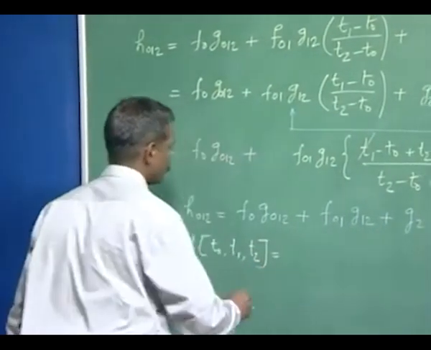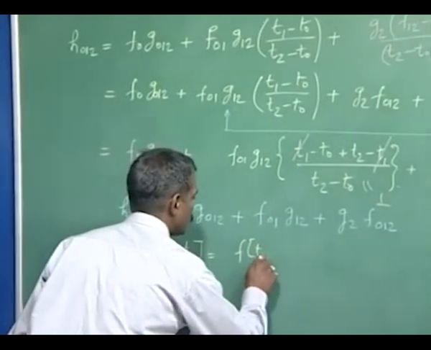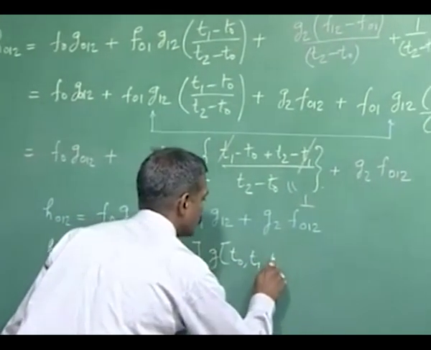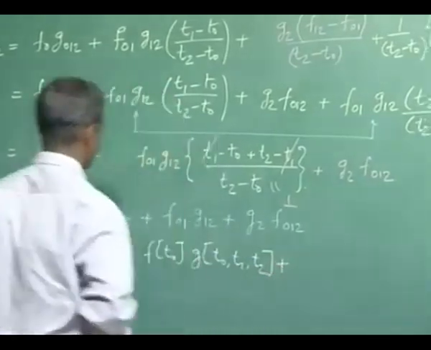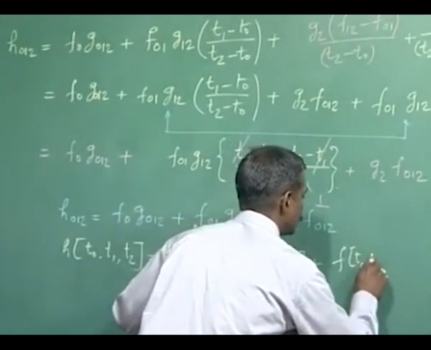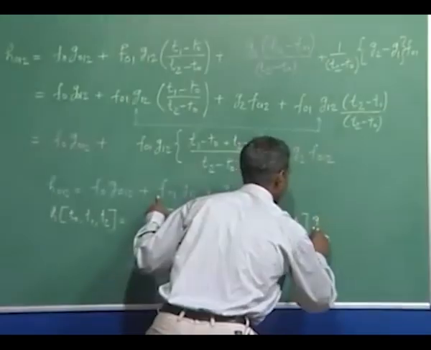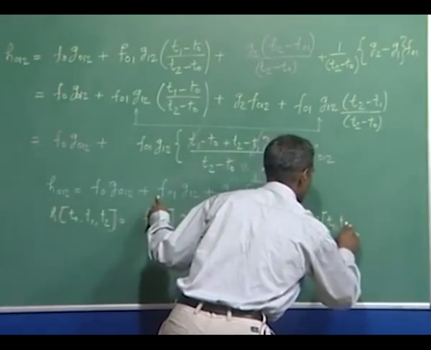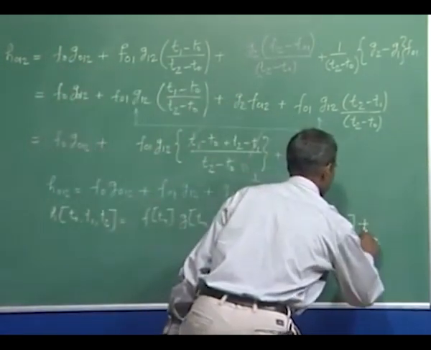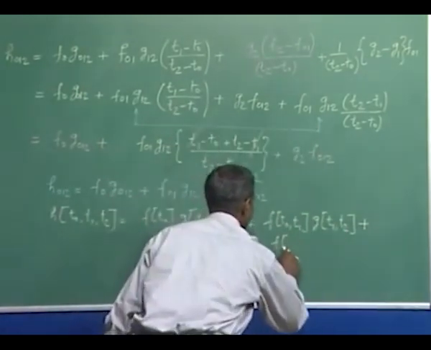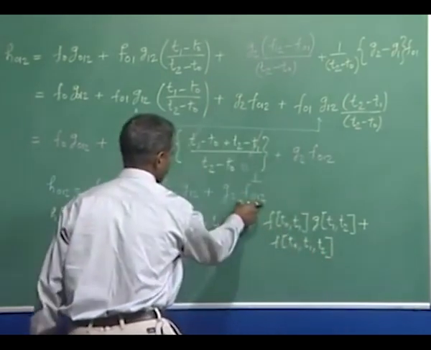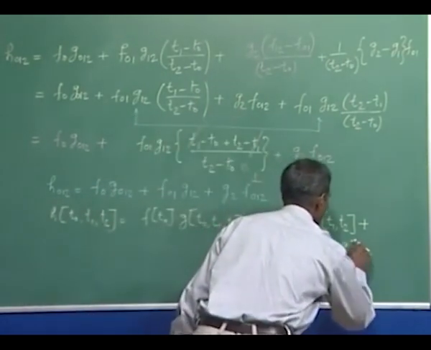This is equal to F[T0] G[T0, T1, T2] plus F[T0, T1] G[T1, T2] plus F[T0, T1, T2], which is this term here, times G[T2].